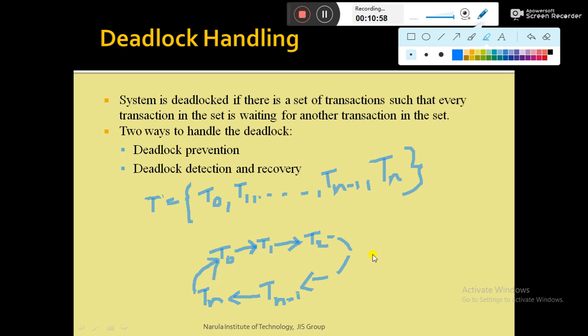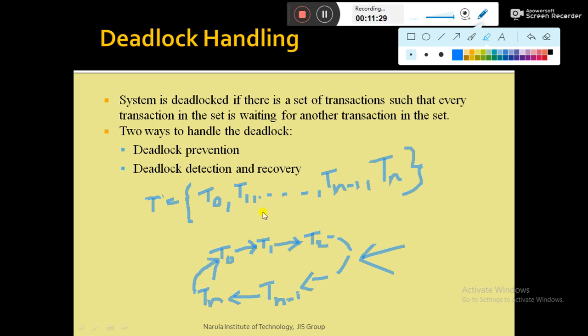If you look at this diagram, you can see that there is a circular wait or circular dependency between the transactions. I am repeating: T0 is the first transaction, Tn is the last transaction. T0 is waiting for T1, T1 is waiting for T2, T2 is waiting for T3, like that. Tn minus 1 is waiting for Tn, and Tn is waiting for T0.